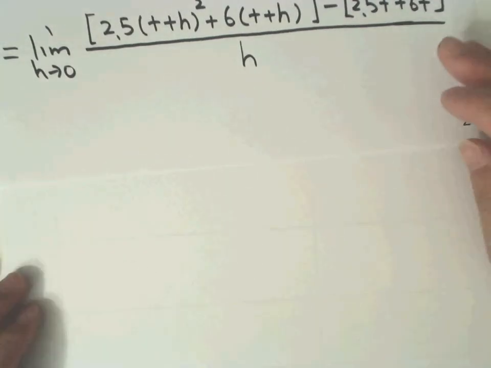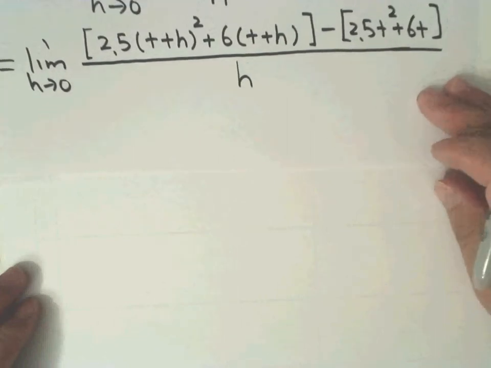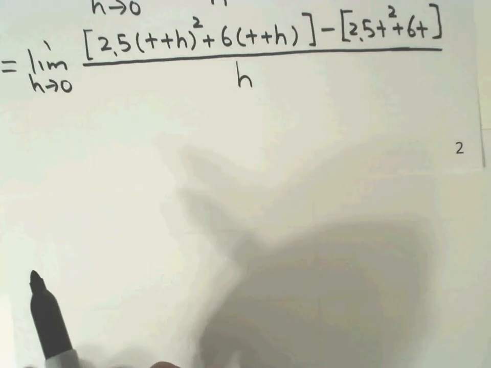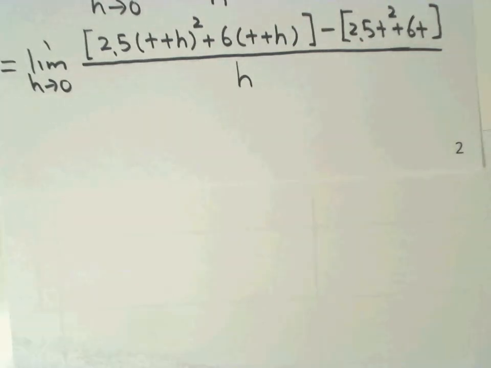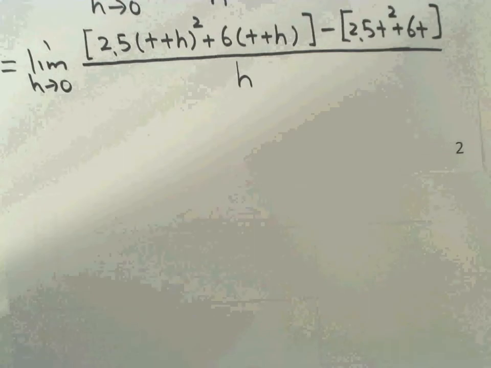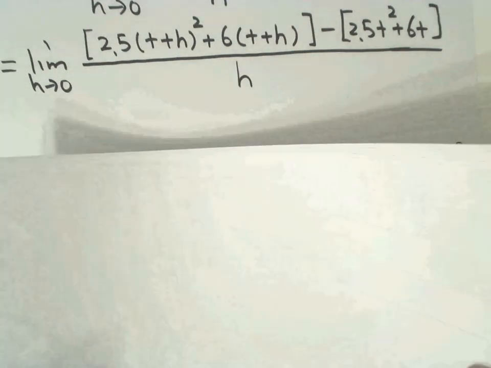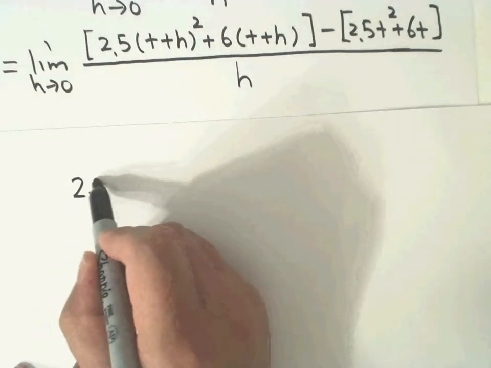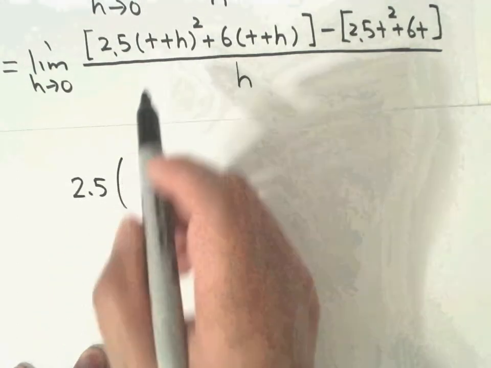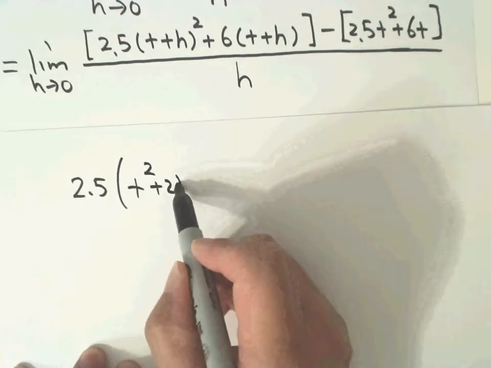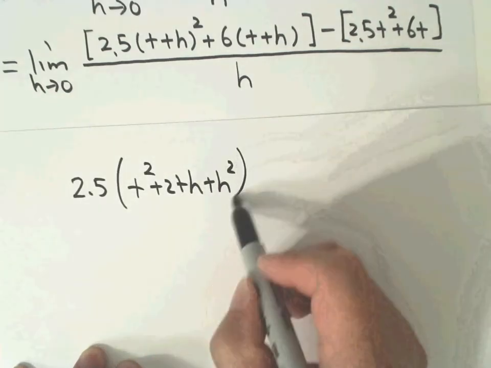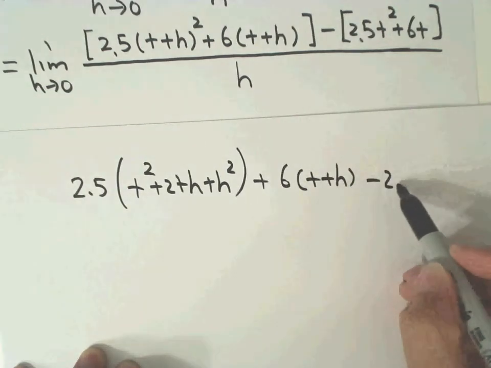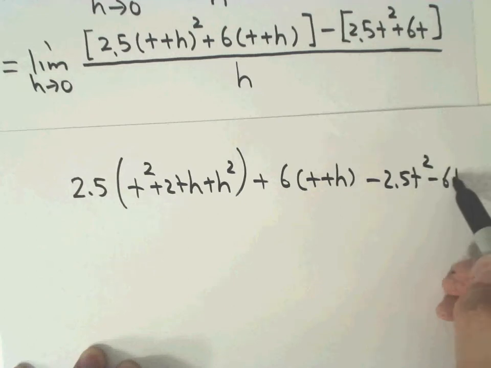Let me rewrite. I simplify the top, which is 2.5 times the perfect square, t squared plus 2th plus h squared, and then plus 6(t plus h), and then minus 2.5t squared minus 6t.